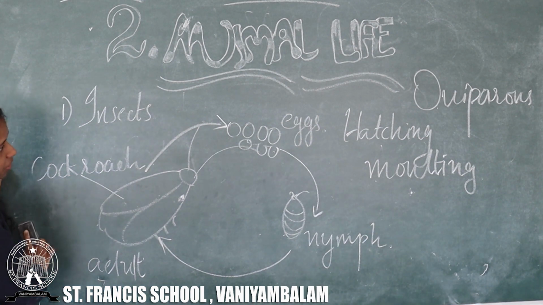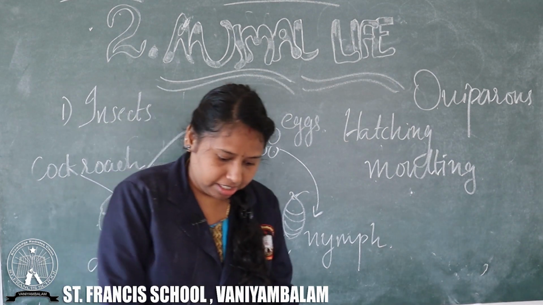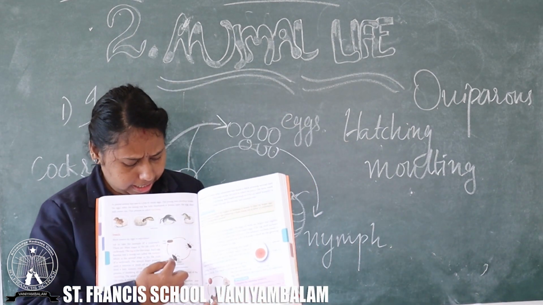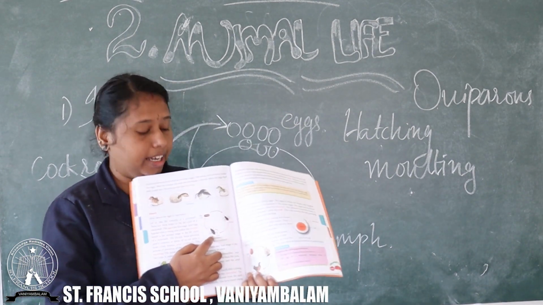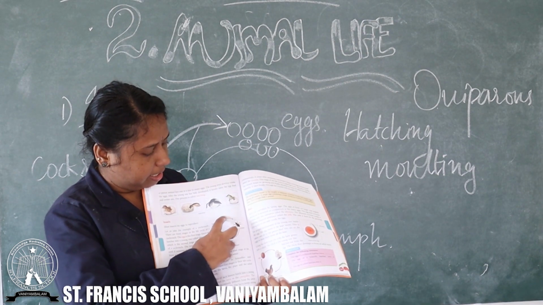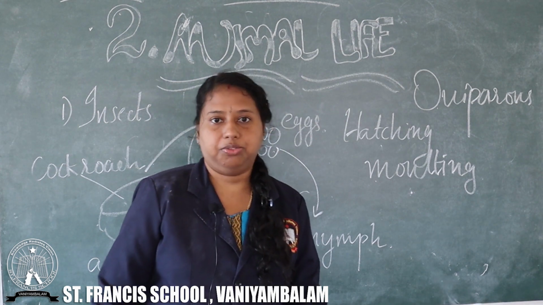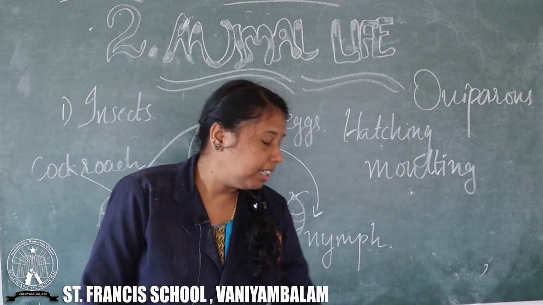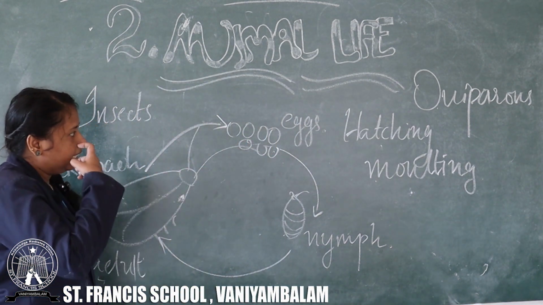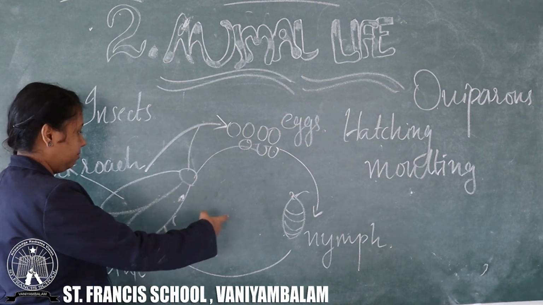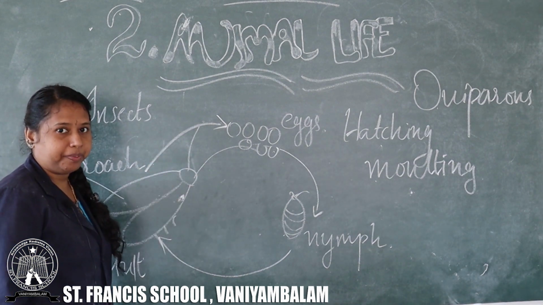So now we studied the life cycle of cockroach and it is there in your chapter. You see, this is adult cockroach, and you can see eggs and the nymph. Have you seen the egg case of cockroach?